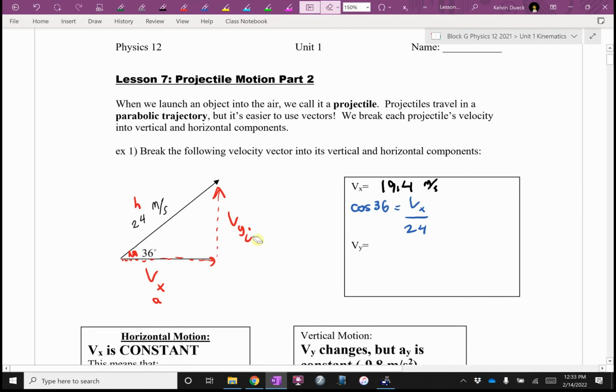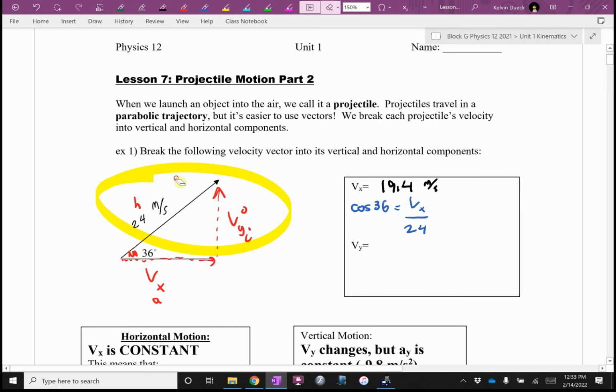Hey, Braden, that Vy initial, opposite, I guess it's opposite, yes? I could technically use tangent to find Vy, but then I'm using an answer to find an answer. I think I would choose to use that. Which trig function? O and H?